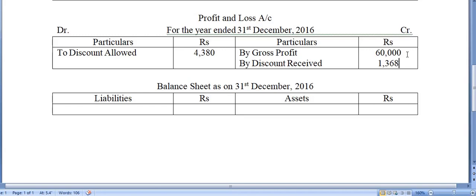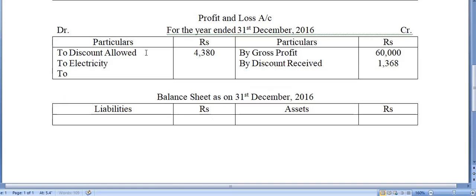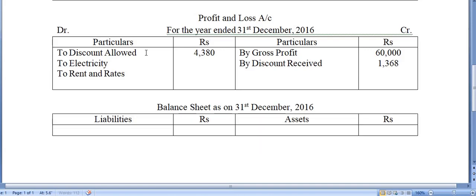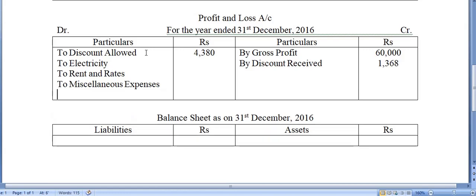Now electricity. So here we can write to electricity. Then there will be rents and rates, to miscellaneous expenses. Then salaries.